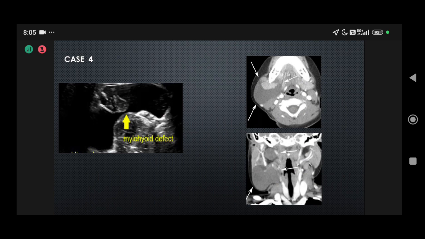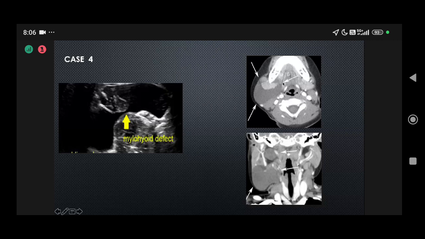Coming to another case, this is an ultrasound image, in which you can see a very hourglass-shaped cystic lesion, and in between there is a defect in the mylohyoid. Basically this is a section of the submandibular space and floor of mouth region. There is an hourglass-shaped cystic lesion in the submandibular space extending into the sublingual space also.